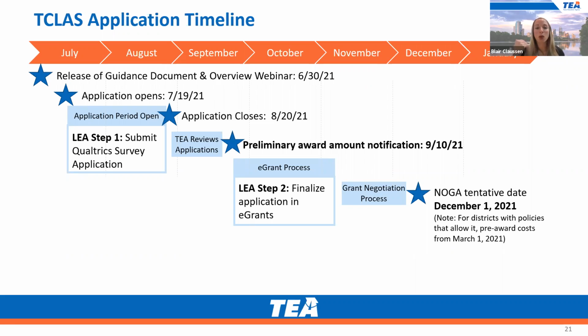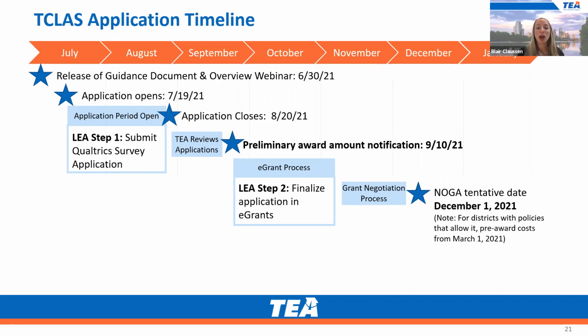Again, the reflective questions I had you go through earlier, each decision point has similar questions for their specific program. So it's a good idea to think through those before you decide which decisions you're going to apply for. The LEA will have until August 20th to complete that survey application.